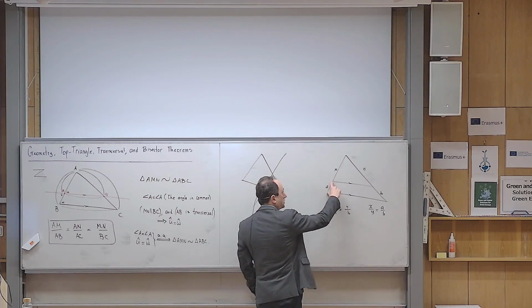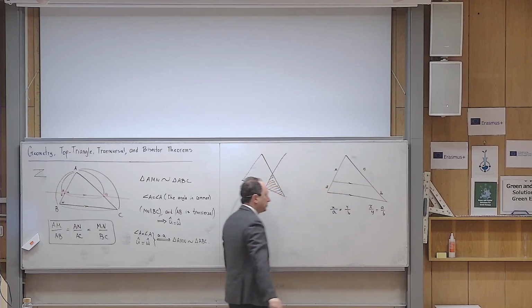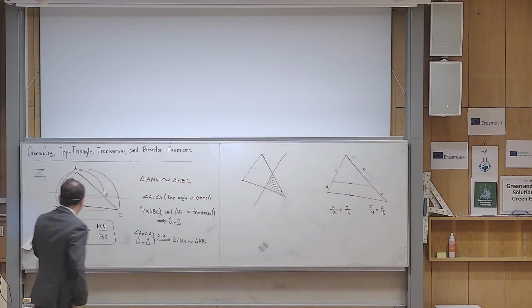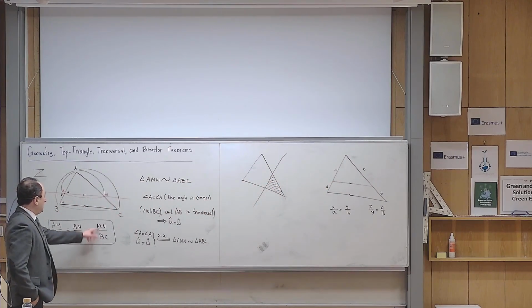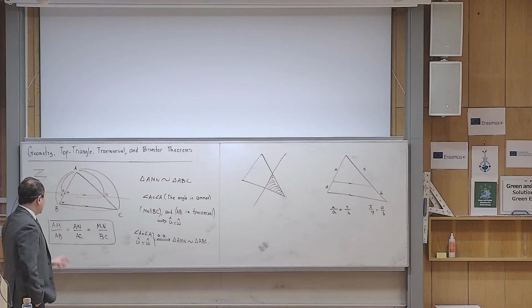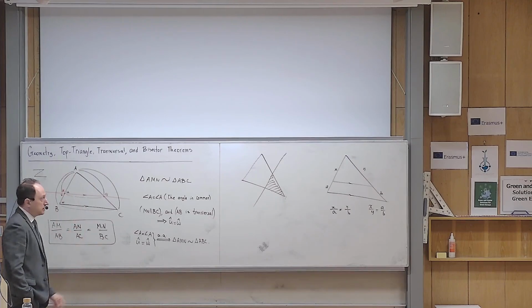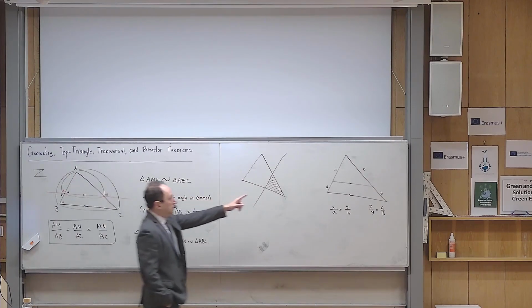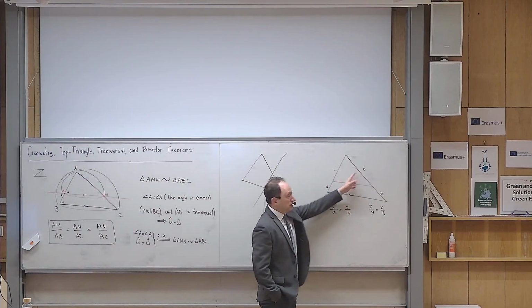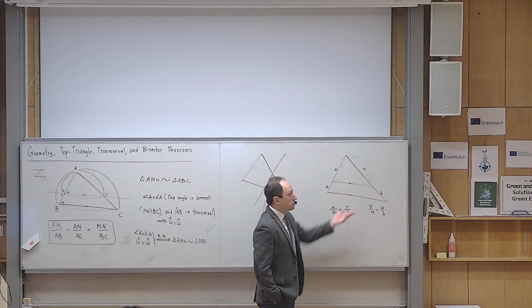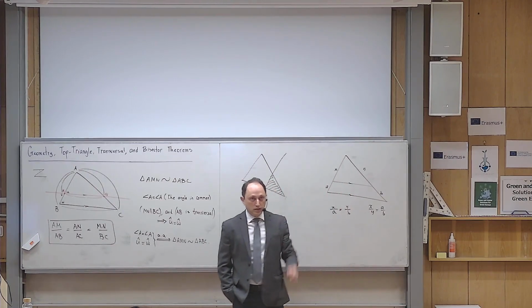It's just a line segment. In this case, AM, AN, MN are sides of the smaller one, and AB, AC, and BC are the sides of the bigger one. Here, X and Y are sides of the smaller one, but A and B are not sides of any triangle. They are just line segments.